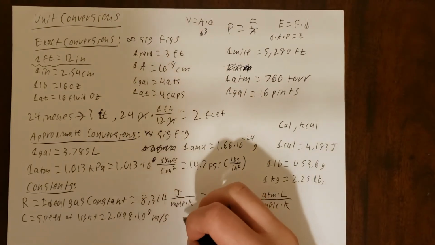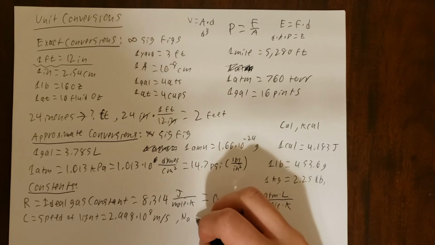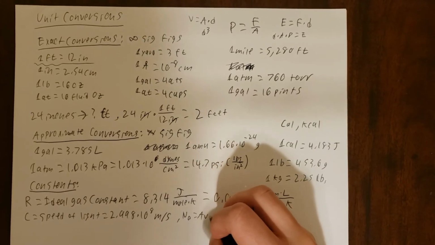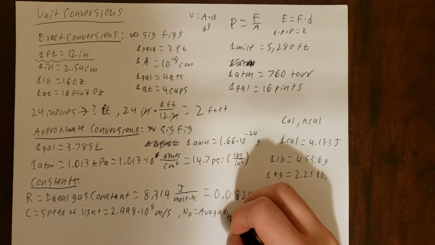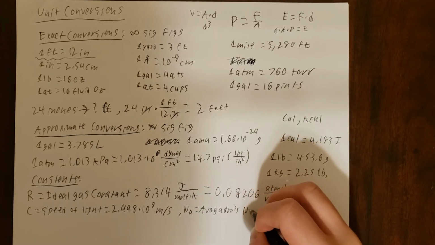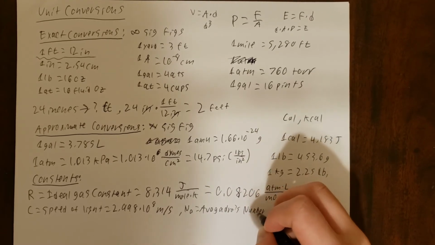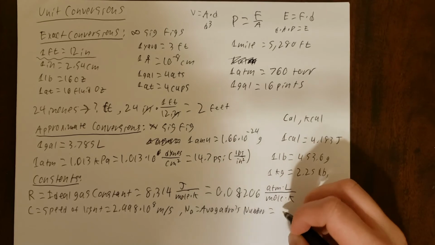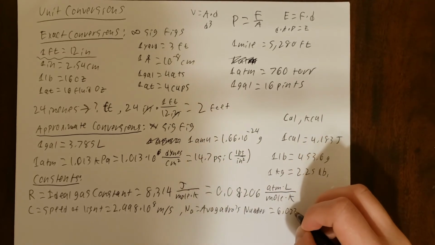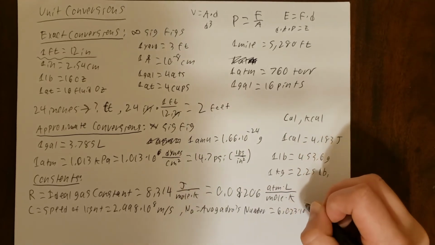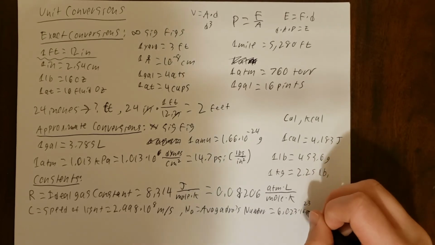We also have N naught, which is Avogadro's number, which is equal to 6.023 times 10 to the 23rd.